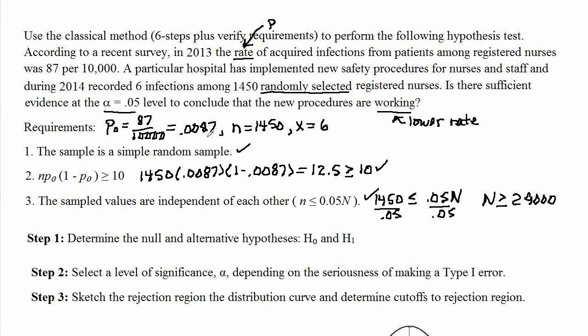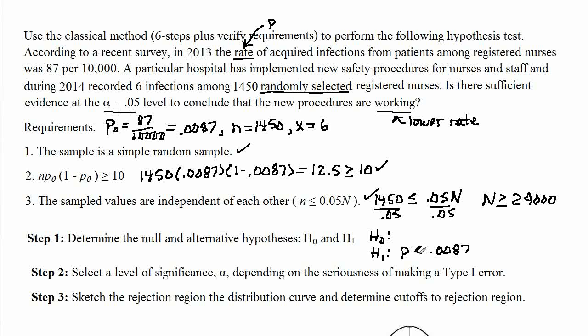This is our hypothesized proportion, the 0.0087. If it works, then our population P is going to be less than 0.0087. The proportion of infection is going to go down, a lower rate.